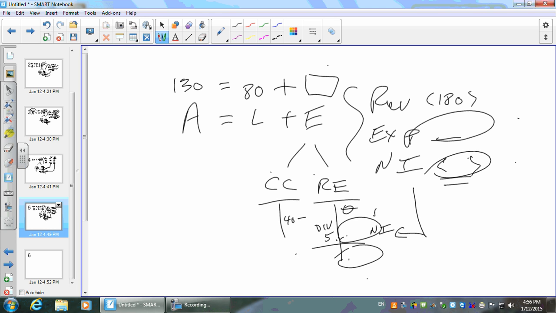So what do I get there? That's 50, right? 130 less 80 is 50. Okay? So now what can I do? I know contributed capital plus retained earnings is equity, right? So if total equity is 50, contributed capital is 40, what must retained earnings be? 10. That's what we did.